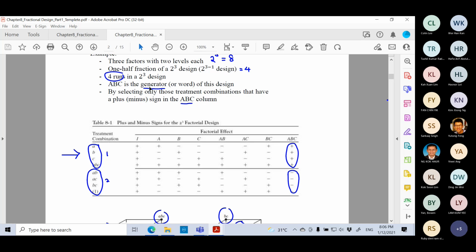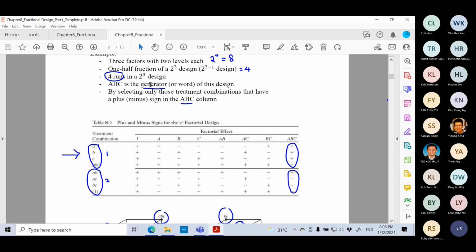In this example, we set the generator as ABC, so we arrange the treatment combinations according to the plus sign and the minus sign. Therefore, you either run the first part of your treatment combinations or the second part. So you need the generator.